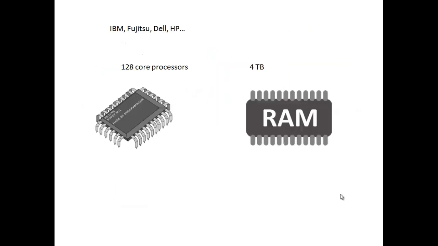Some of the hardware partners are IBM, Fujitsu, Dell, HP, and some others, and they provide very high configuration machines which have up to 128 core processors and 4 TB of RAM. And actually recently I have seen reports of memory of up to 10 terabytes, and I think in the near future we can expect to see 50 to 100 terabytes of memory.